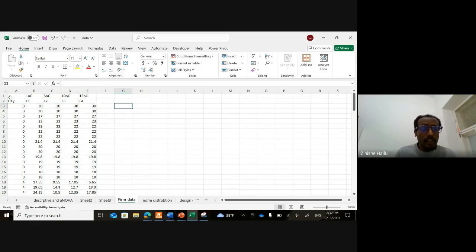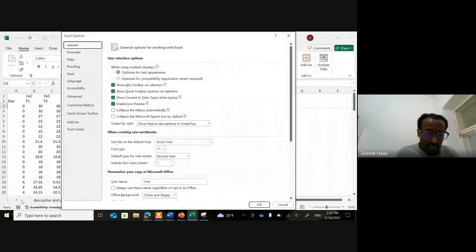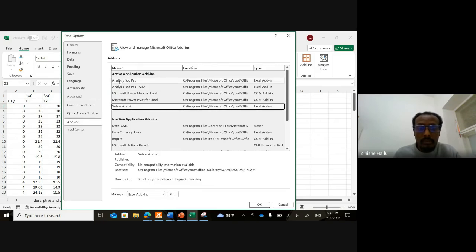Now, first you have to make sure that in your Excel you go to Options, and then check the Add-ins. From Add-ins you have to check the Analysis ToolPak and Solver, these two.